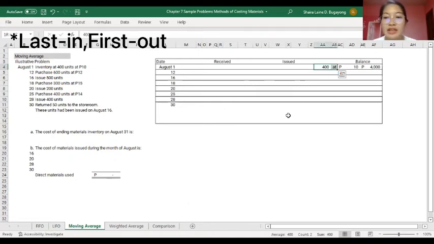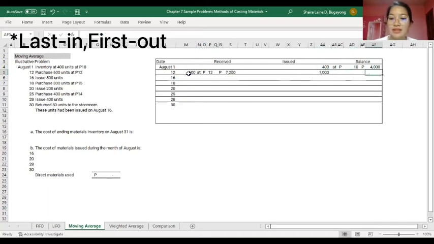So kani beginning 400 units at 10, and then on August 12, so nag-purchase siya og 600 units at 12. So at 12 months, so this is 7.2. So our balance na dayon is, di ba, sum aning beginning and this one.